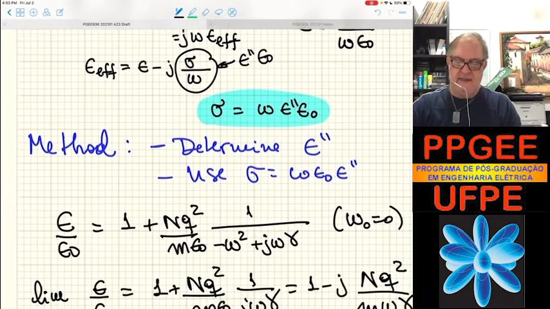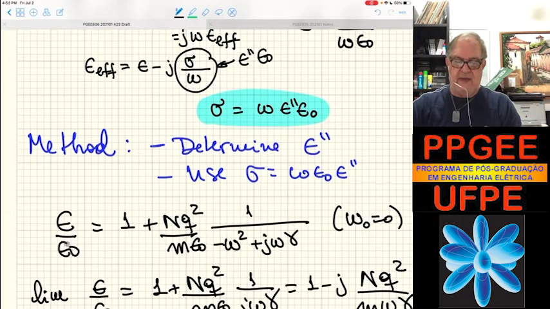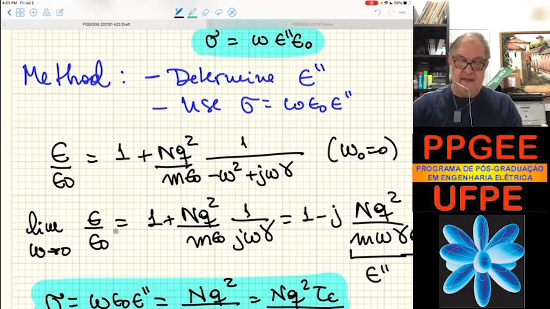Let's look into our model again, okay? That's the behavior that we get for a single charge. If we assume omega 0 equals 0, what happens? Well, let's see. That's the function we get. When the frequency is very small, this term is going to be larger than this one, because this is linear with omega, and this goes with the square of omega.